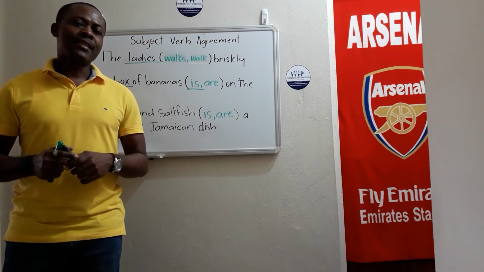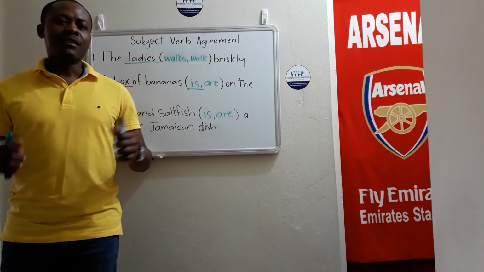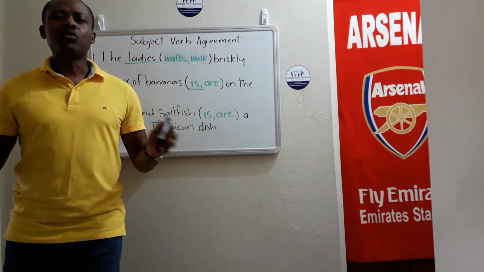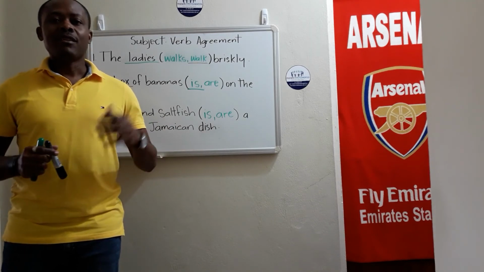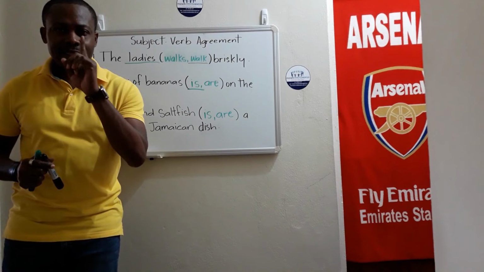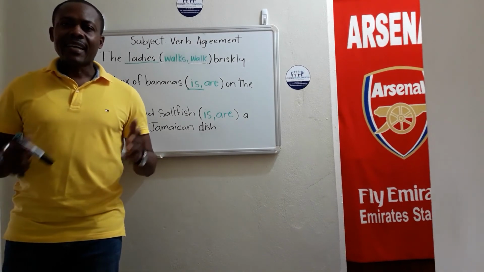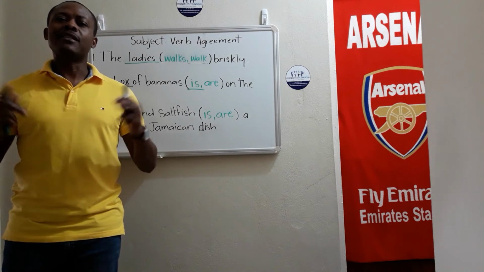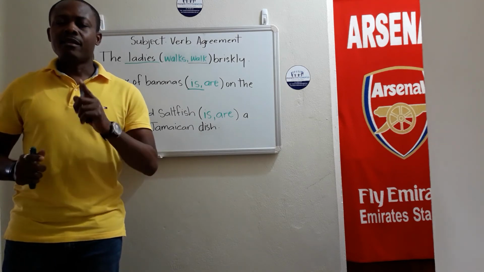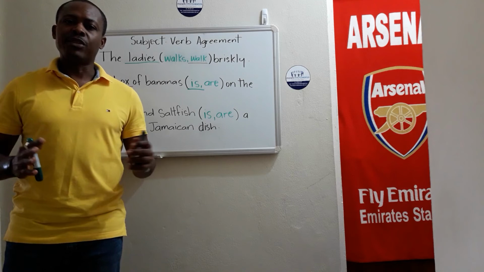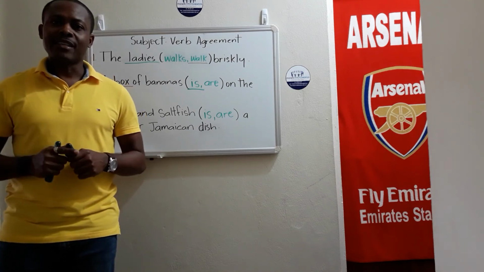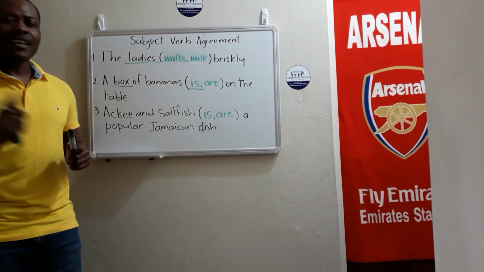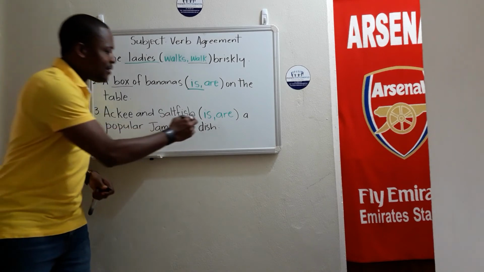Now, in this case, ackee and saltfish seem to be 2 things, but in actuality, this is referring to one dish. Therefore, ackee and saltfish must be considered to be singular because it's considered to be one thing. Therefore, we have to align the subject with its corresponding predicate. Now, what would be our answer? Clearly, it must be is.